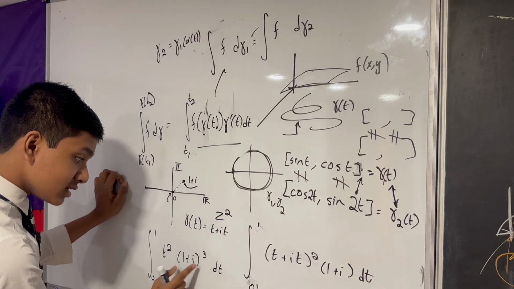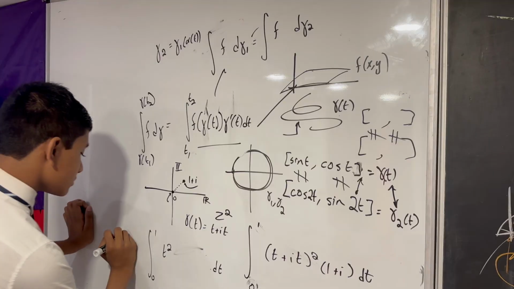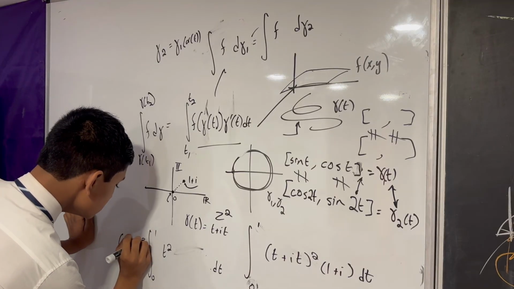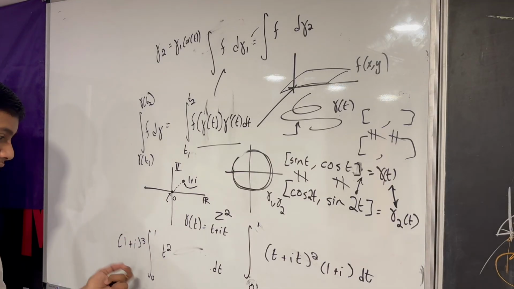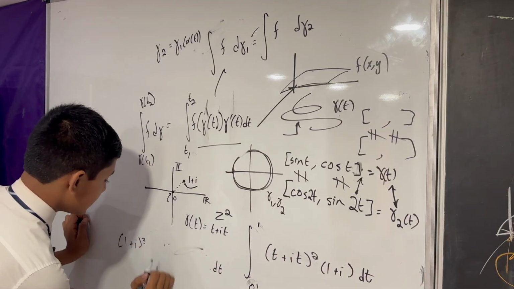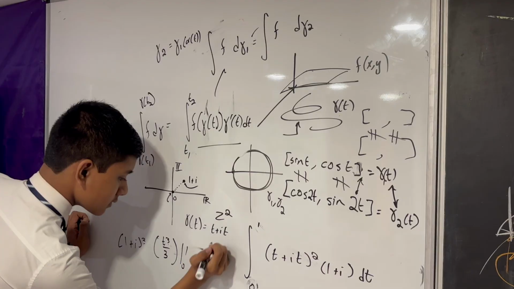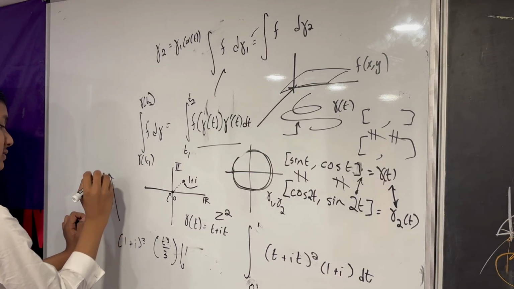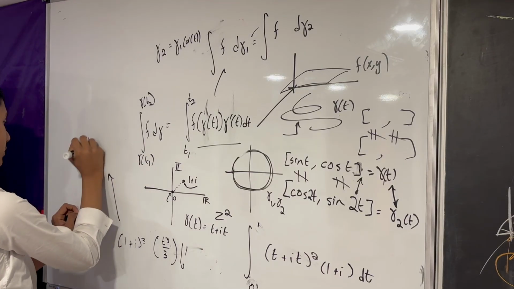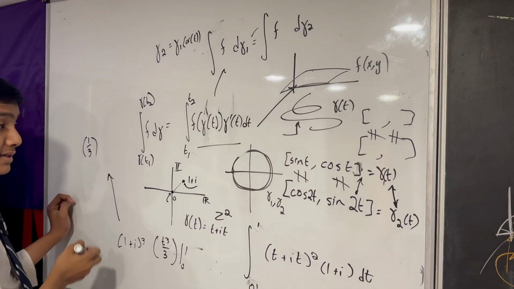Of course, this is a constant, so you take it out. And then this just becomes t cubed over 3 from 0 to 1. And so that just becomes 1/3 multiplied by, what's 1 plus i cubed?